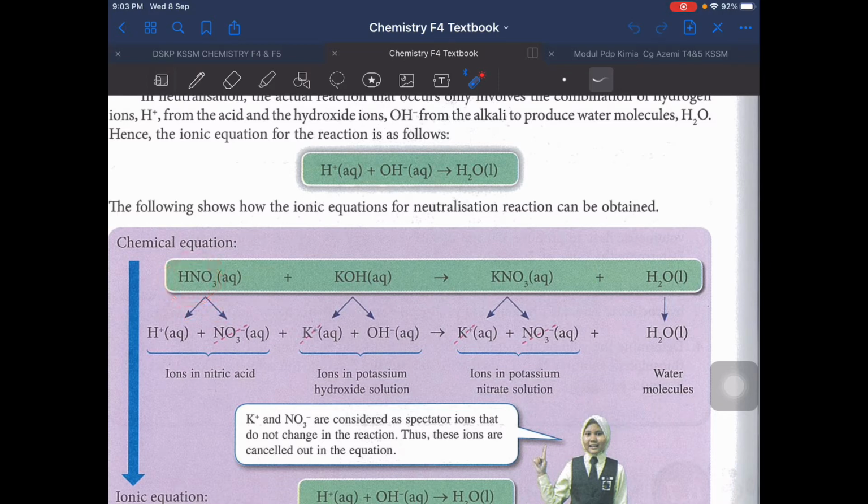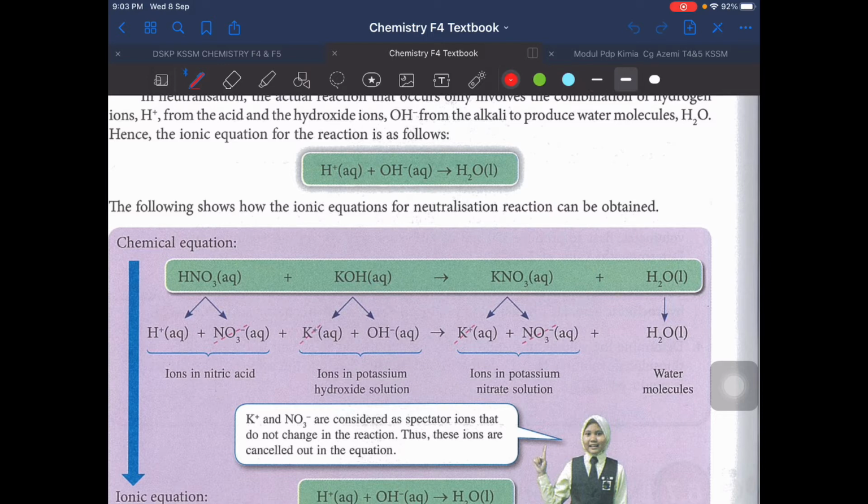For example, HNO3 has H plus and NO3 minus. KOH has K plus and OH minus. KNO3 has K plus and NO3 minus. And H2O is a liquid. Why is that?